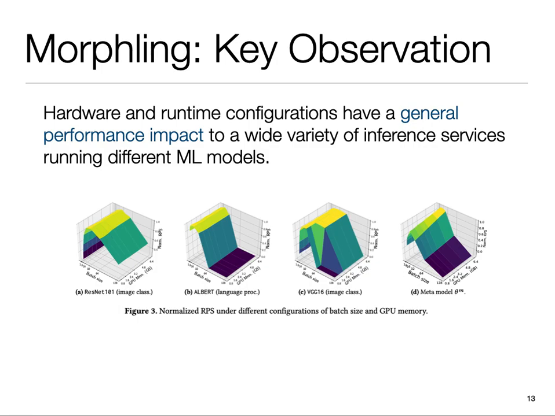For example, to run an inference service, there is a minimum requirement of GPU memory size to load the serving model. Further increase in GPU memory size allows it to serve larger request batches and hence a higher throughput.